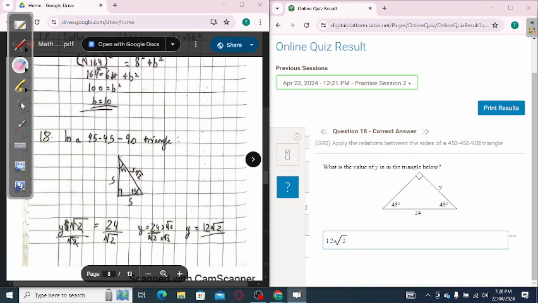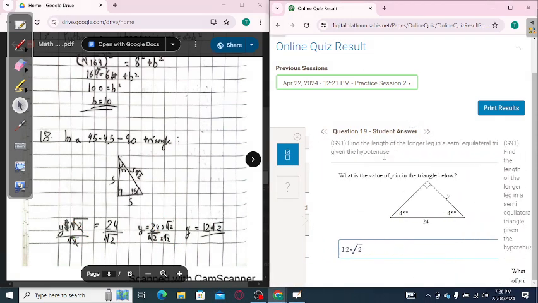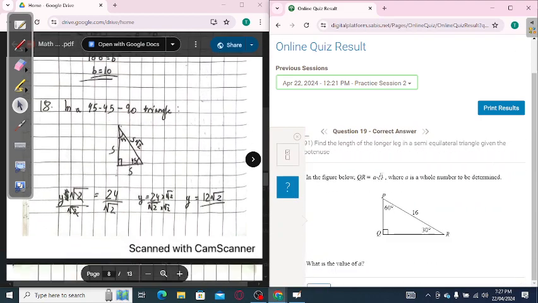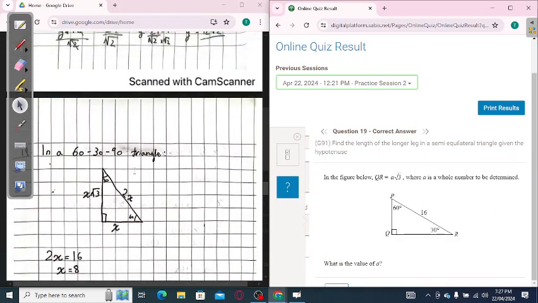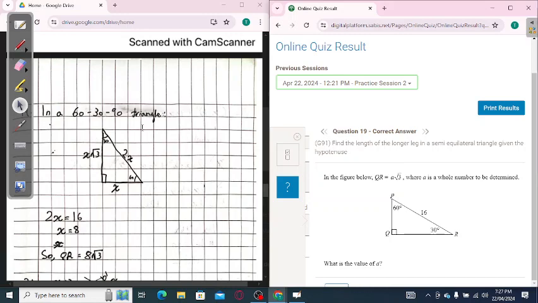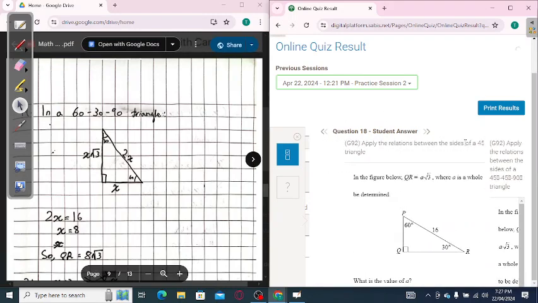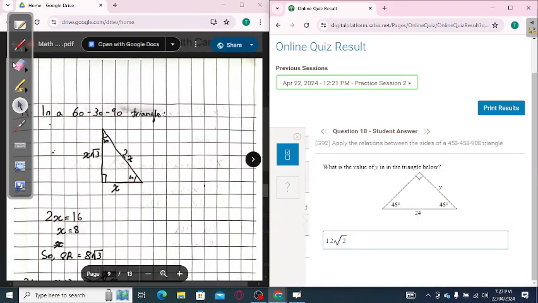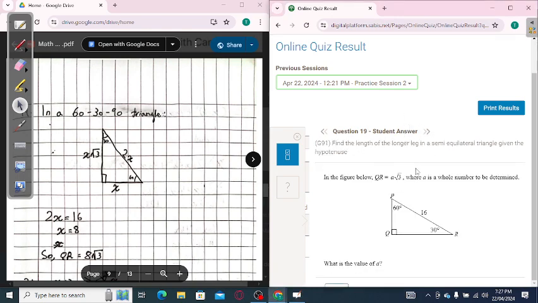And we move on. So here in a 30, 60, 90 triangle, the book calls it a semi-equilateral triangle. Even in the quiz they called it a 30, 60, 90 triangle, but in the book they have a different name. Irrelevant. Now, in a 30, 60, 90 triangle, the line between the 90-degree angle and the 60-degree angle is denoted as x or s or anything.